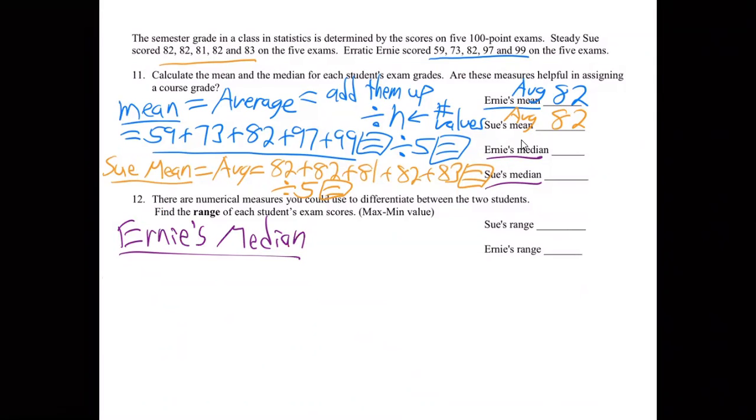Ernie's median. So how do we do a median? We're going to use that formula where we do 50 divided by 100 and then multiply by 5. Yeah, we totally could do that. I like it.